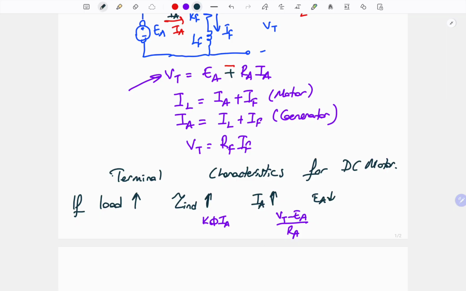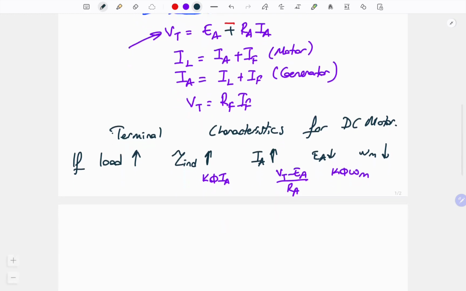EA must decrease because of the negative sign. And according to one of our important expressions, EA is equal to machine constant, flux, and the angular velocity. So we can say the Wm, the machine speed, must decrease also. Okay, but how much will it decrease?